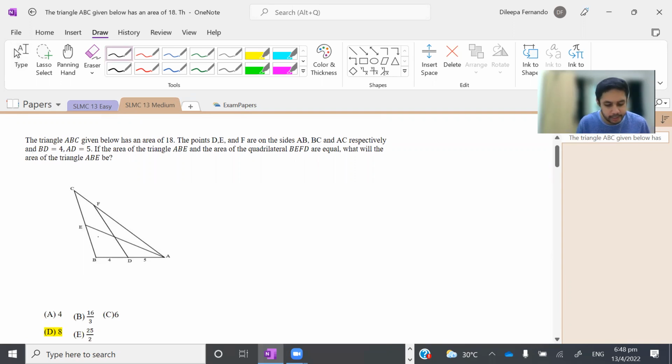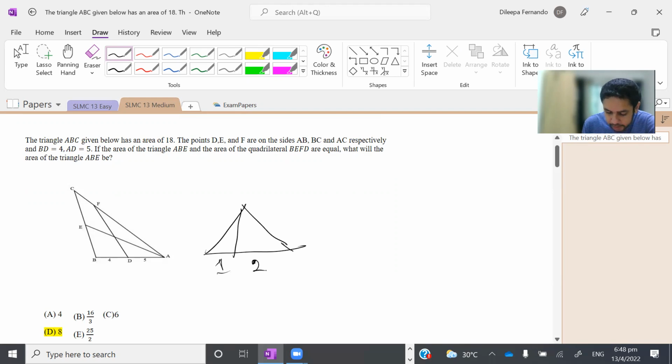So when it comes to areas, what we should look at is the ratio of the linear segments, like the ratio between the lengths of the line segments. This is one of the main theorems in geometry.